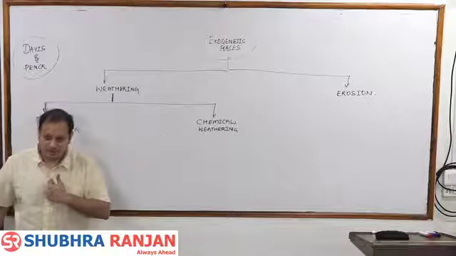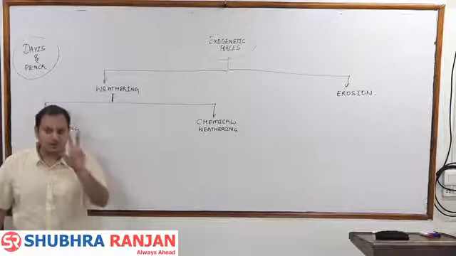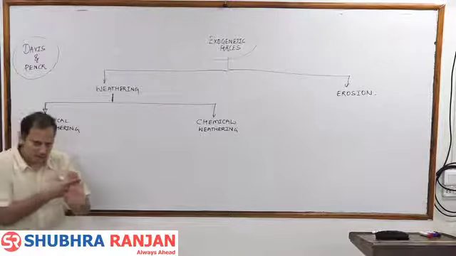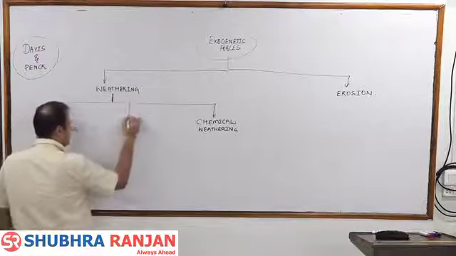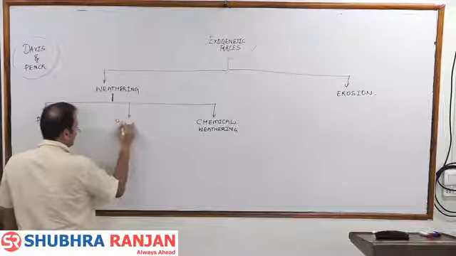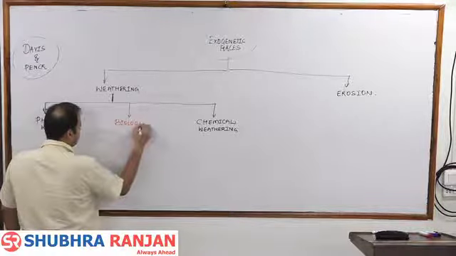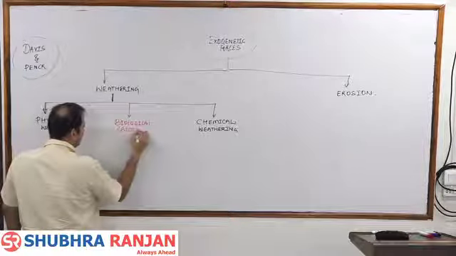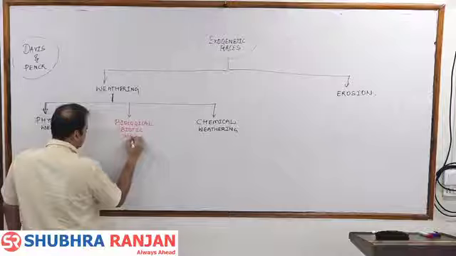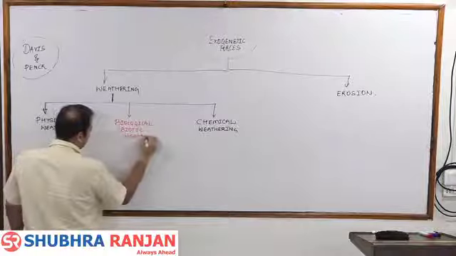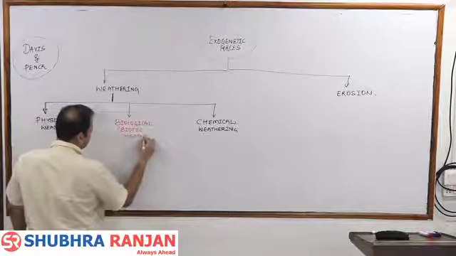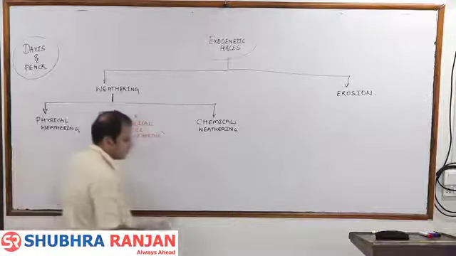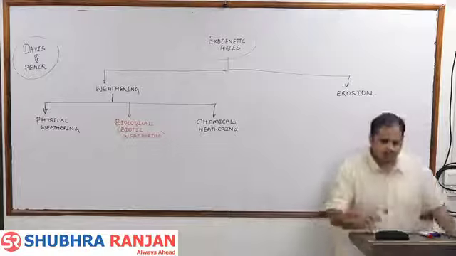But who is doing the weathering? We, human beings, or any living matter. It can be a tree, it can be a plant, it can be animals, it can be insects. This kind of weathering is what is known as biotic weathering.